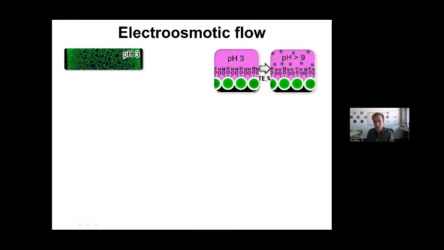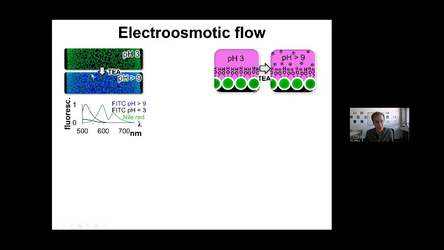But we increase the pH and then deprotonation of the silanol groups takes place and we obtain negative charges on the silica surface. And you can see this actually here with a fluorescent indicator that shows that at pH 3, there's no fluorescence, but at pH 9, blue fluorescence shows up, which shows that the pH within the bijel has indeed increased by the addition of a base.